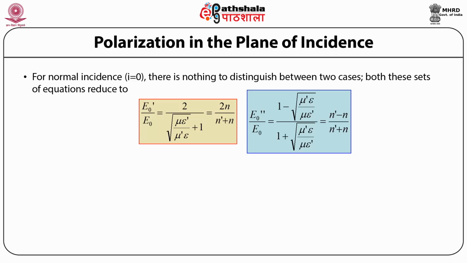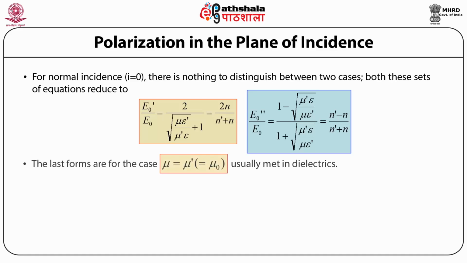Similarly, the ratio of the amplitude of the electric field of the reflected to the incident wave becomes 1 minus under root of mu prime times epsilon by mu epsilon prime, whole divided by 1 plus under root of mu prime times epsilon upon mu epsilon prime, and this turns out to be equal to the refractive index of medium 2 minus the refractive index of medium 1 upon the refractive index of medium 2 plus the refractive index of medium 1.